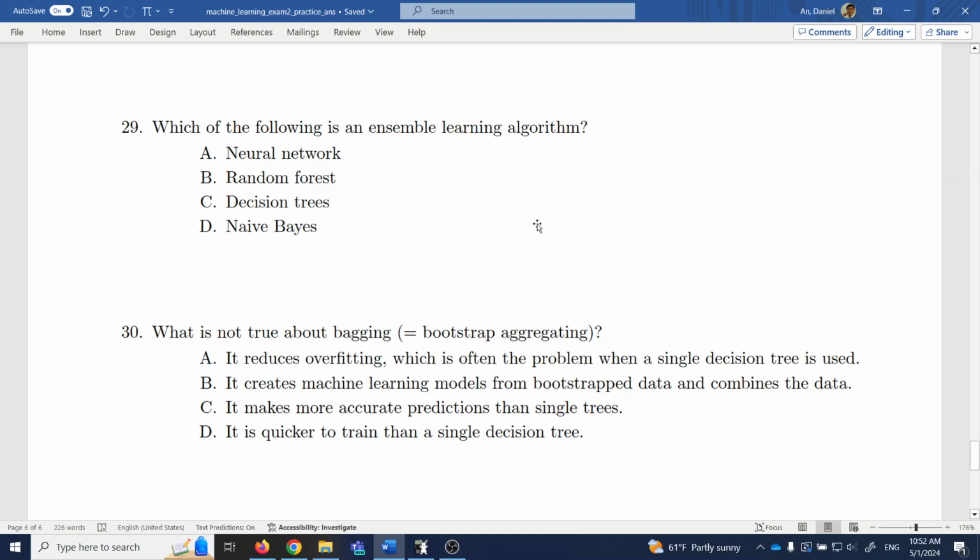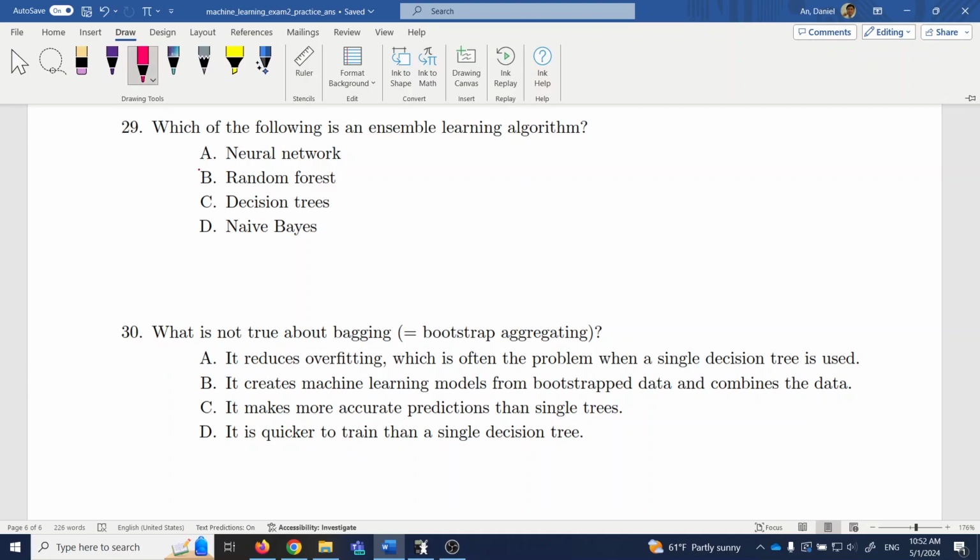That would be an ensemble learning algorithm, although it would be very costly to train all that. But when you're given just a single machine learning algorithm, then among these four choices, the only one that is an ensemble learning algorithm by default is B. So it's going to be B.